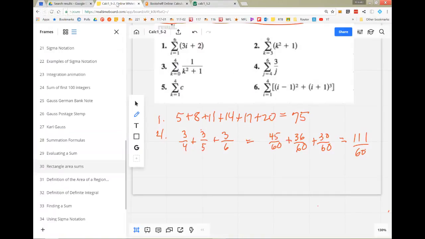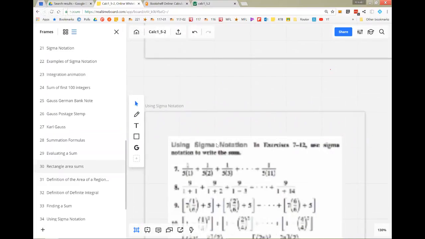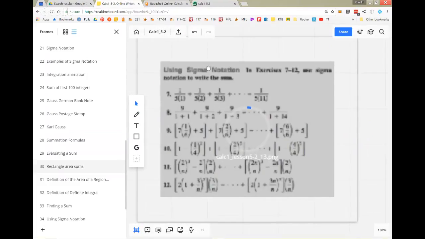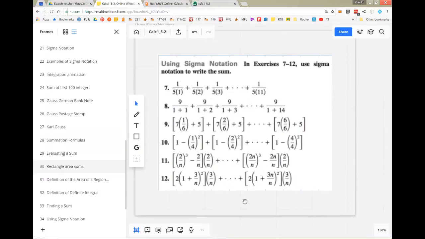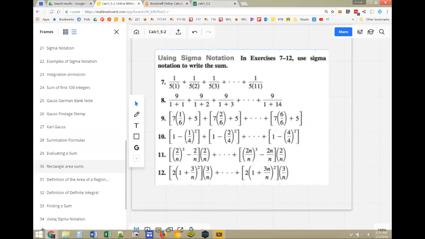All right. Now, here's some practice in getting used to this sigma notation. So how can I write number 7 using sigma notation? We know we need the sigma notation. And it doesn't really matter what letter you use.